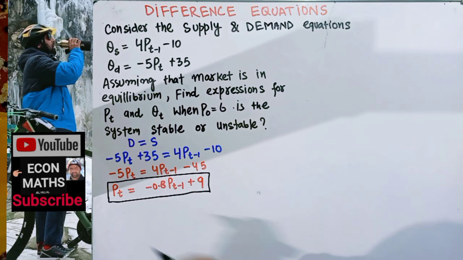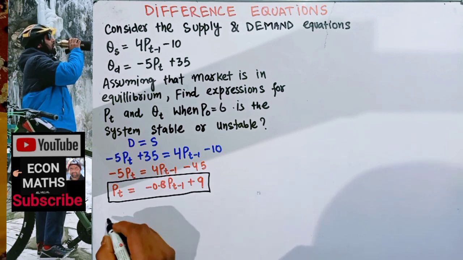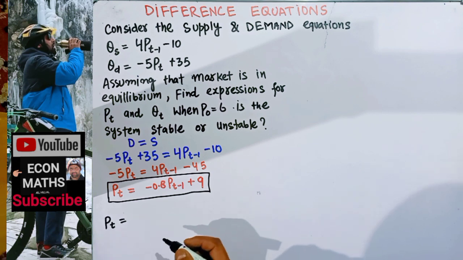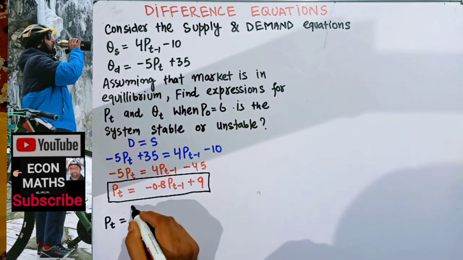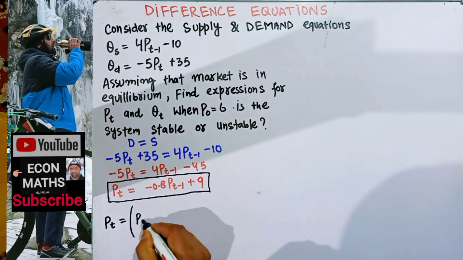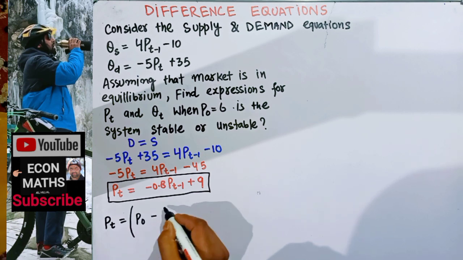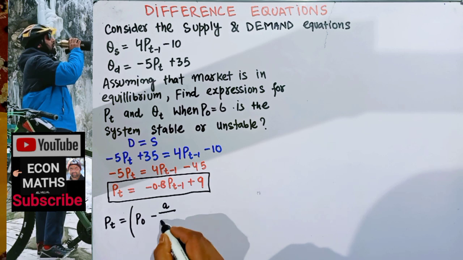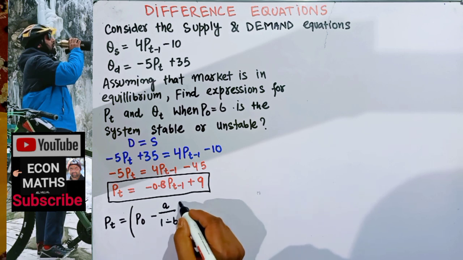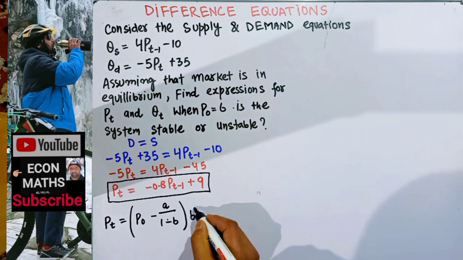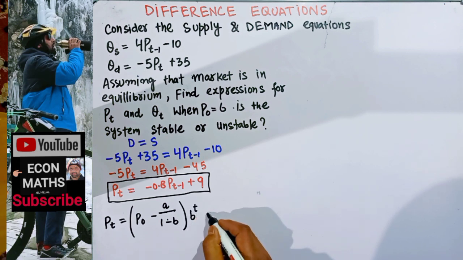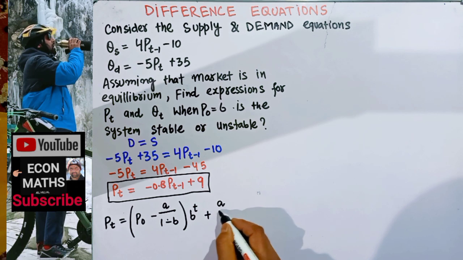The solution is given by, and let me write it here, pt will be equal to p naught minus a upon 1 minus b, bracket, bt, plus a upon 1 minus b.